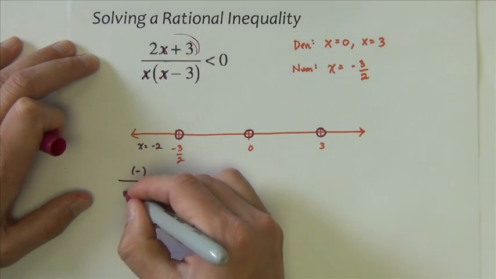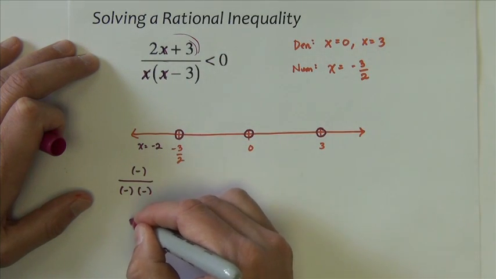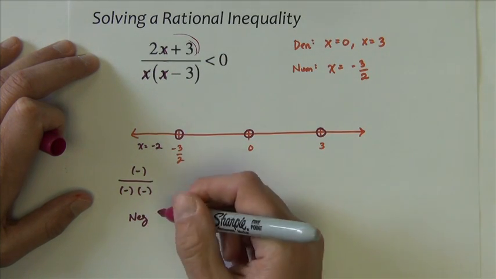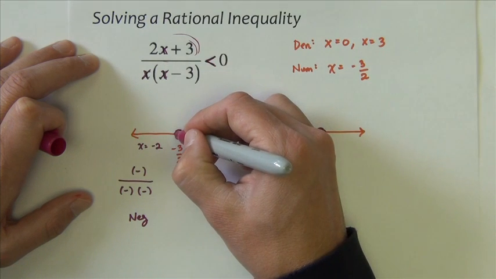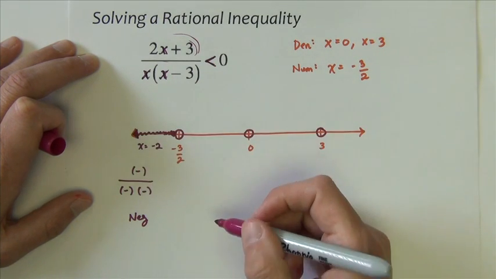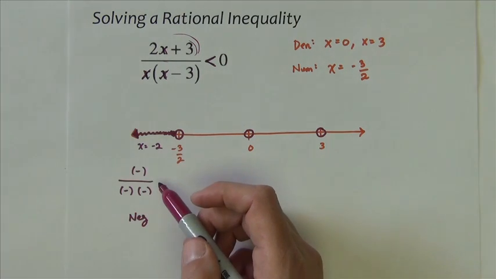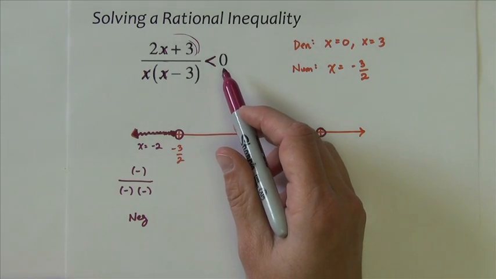Negative 2 here makes negative. Negative 2 here makes negative, and 3 negatives make negative. I want less than 0. I want negative things, so I'm going to shade this. See how I don't have to be real exact. I just have to know if it's positive or negative because I'm comparing to 0.